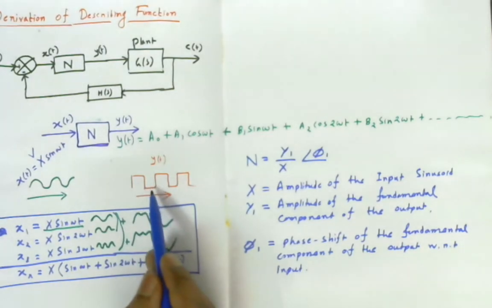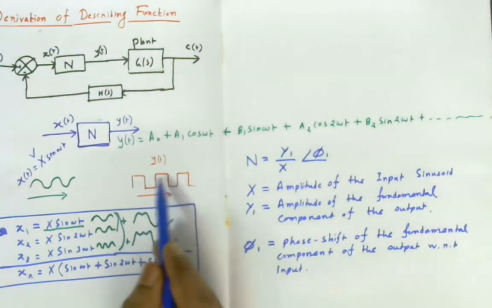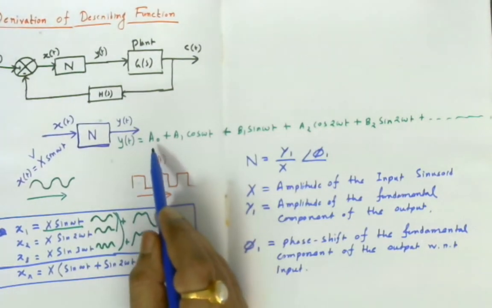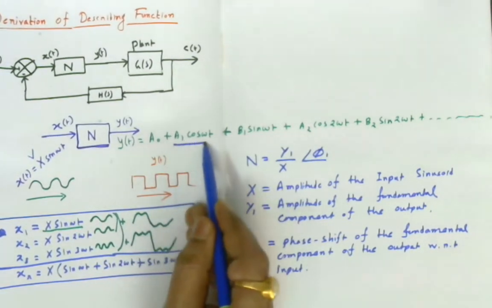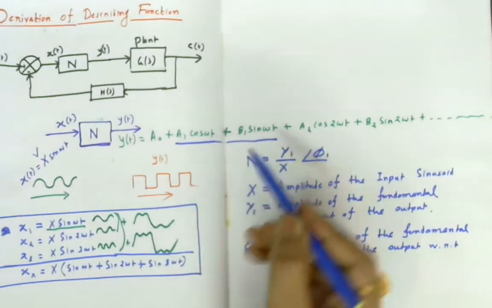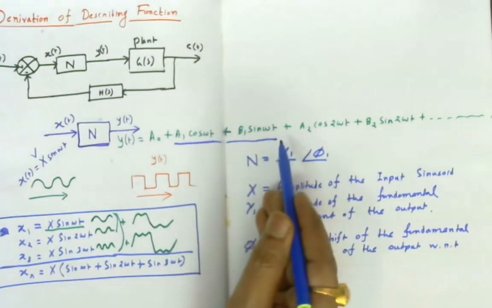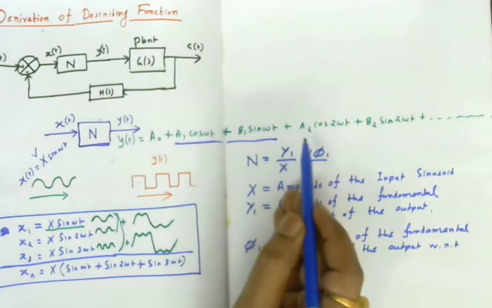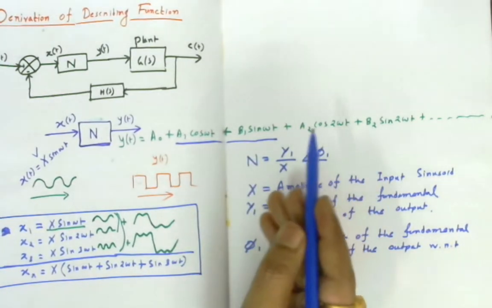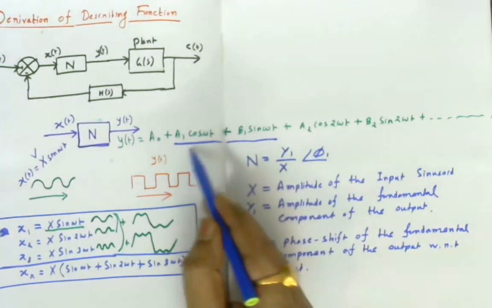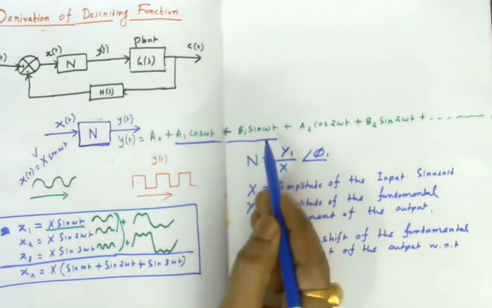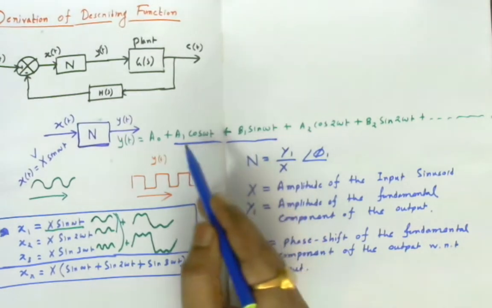If you apply Fourier series, it will help you to break the waveform in terms of the DC component plus the fundamental component plus the harmonic components. Now we have to keep only the fundamental component. We have to omit the DC component as well as the higher harmonic components, to derive the describing function according to the definition.